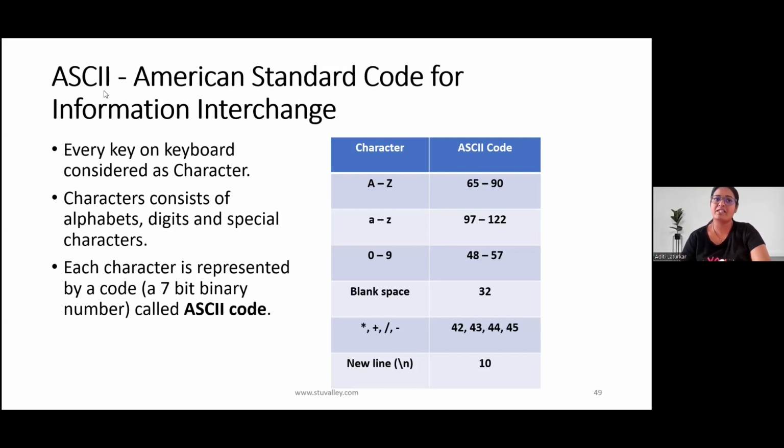So every key has an ASCII code. Whenever you are pressing H, the ASCII code for H is sent to the system, and then the system will encode it and display that number or the character you have pressed. Okay, the ASCII code. These are some examples. ASCII code for capital A to Z are 65 to 90.